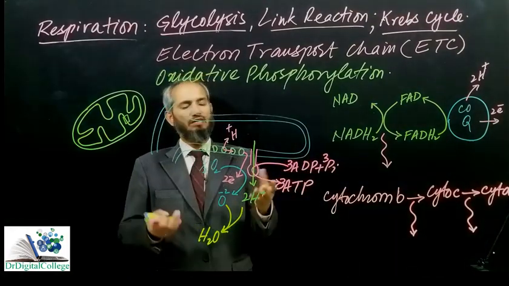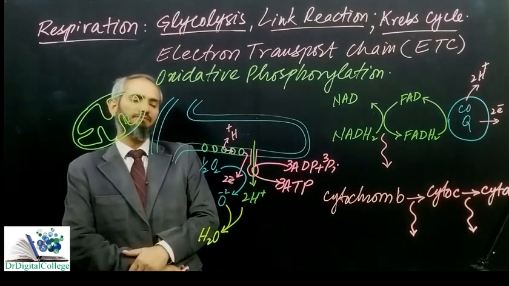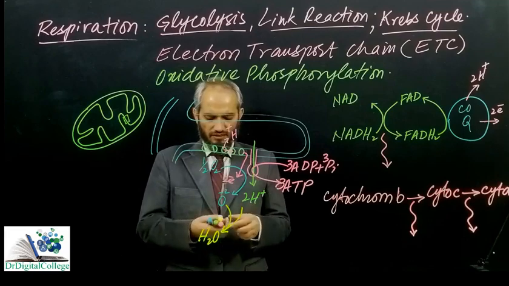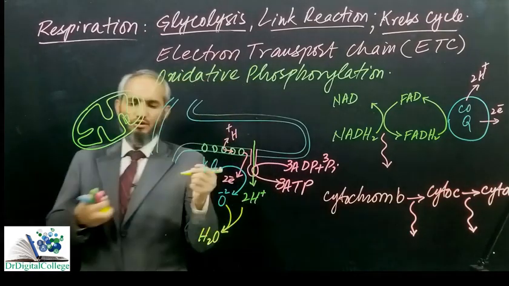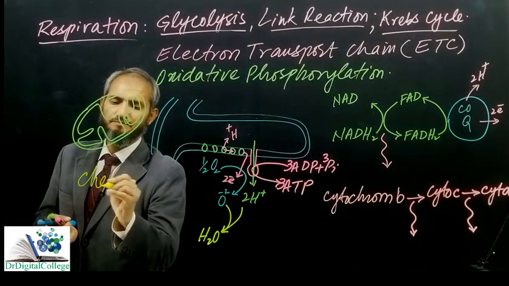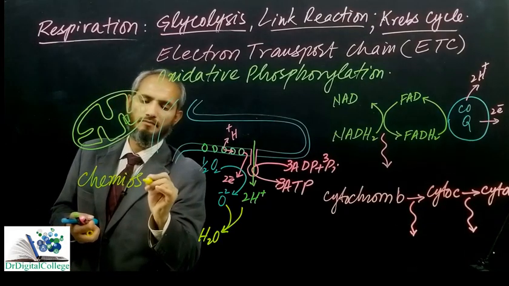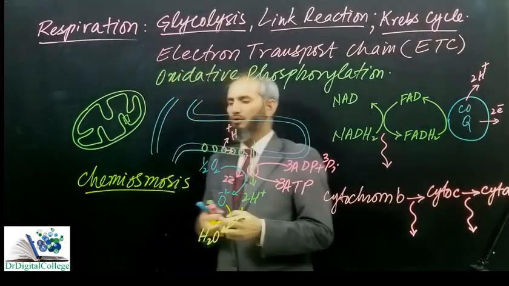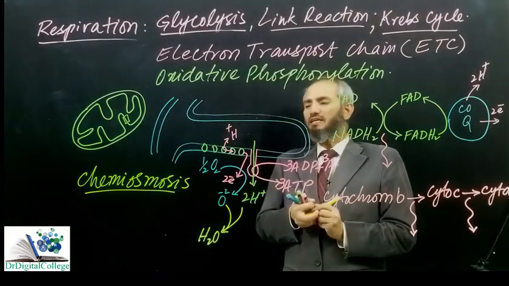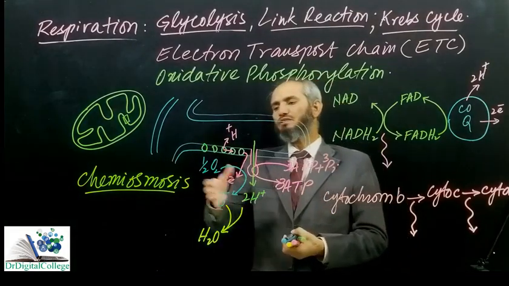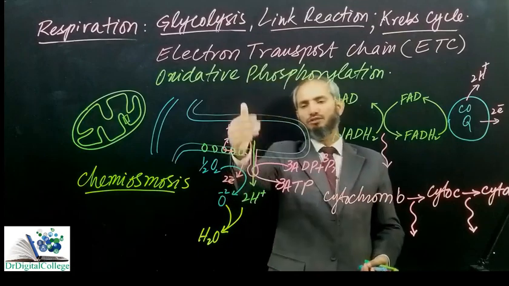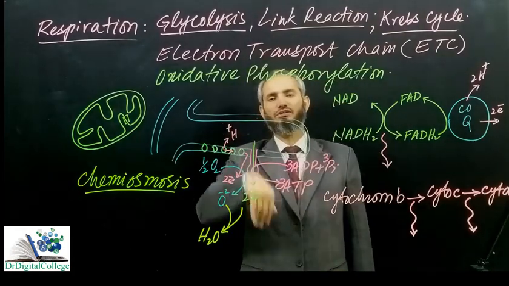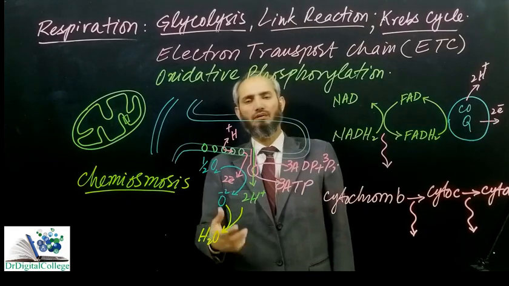Now, different other names are given to this process. Sometimes the term chemiosmosis is used. What is this term, chemiosmosis? You might have studied that osmosis is the movement of water across some membrane, from higher water potential to lower water potential through some membrane.